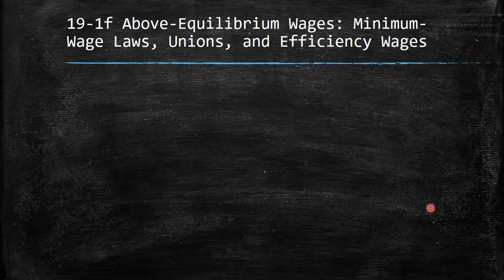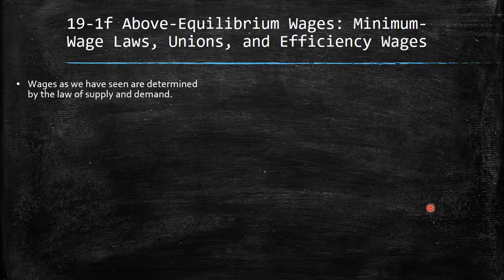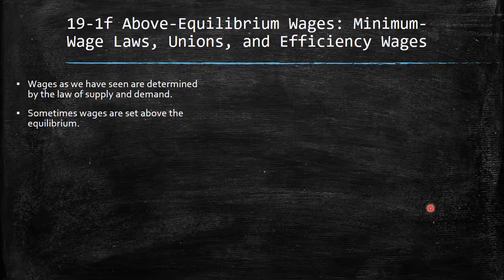Then, wages above equilibrium: minimum wage laws, unions, and efficiency wages. Remember, the idea of this chapter is to comment on the different characteristics of why salaries are so different. The wages, as we have seen, are determined by the law of supply and demand, right? Sometimes the wages are set above the equilibrium, right?